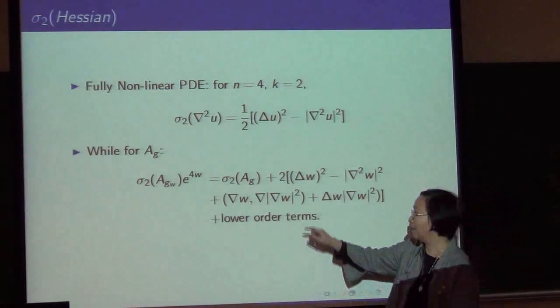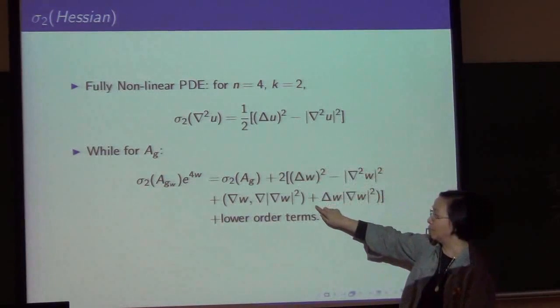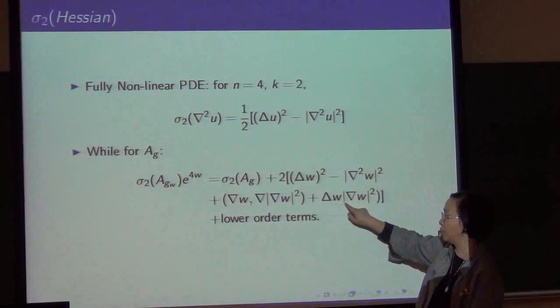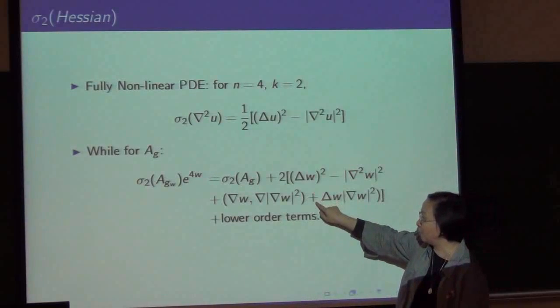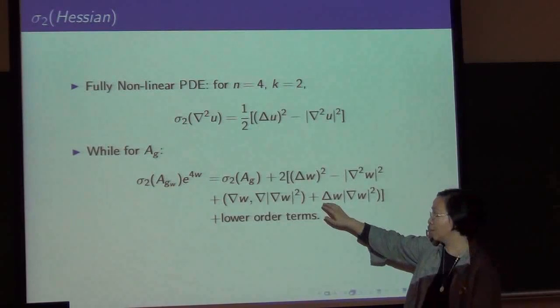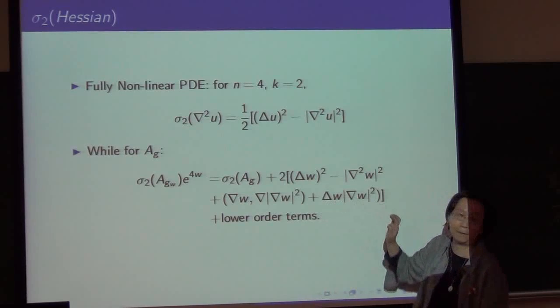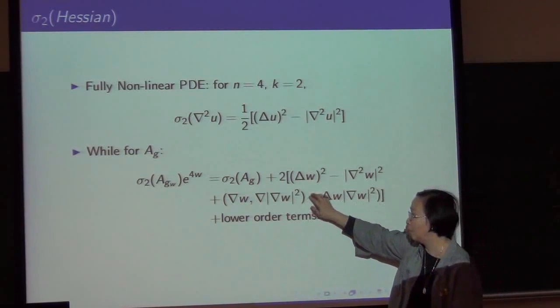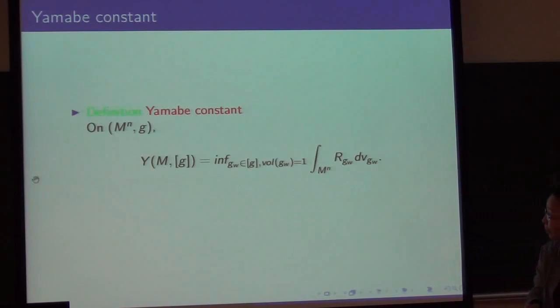It turns out that not only the leading order term is important, but the sign of the lower order term also plays a role. So the sign of this plus Laplace w corresponds to, say, the scalar curvature being positive, we make it plus, otherwise the sign is negative. So it turns out the sign of the lower order term also plays a role in this subject.